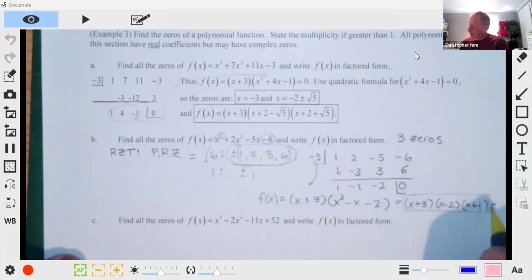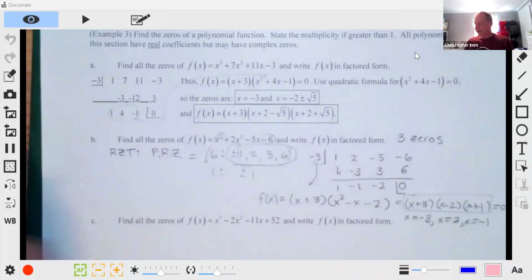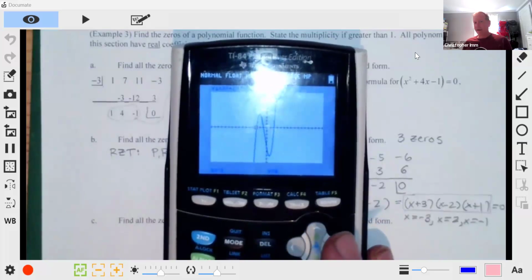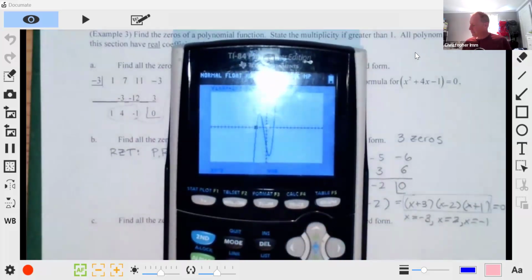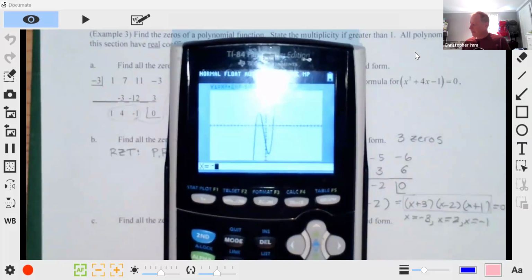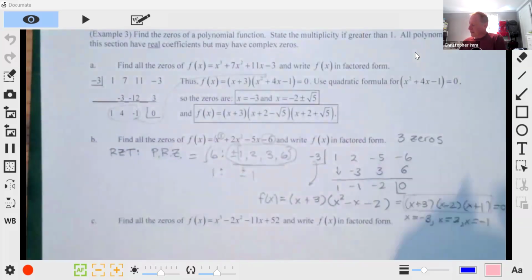And if I set this equal to 0, I note that my zeros are at -3, 2, and -1, just like I saw on my graph. -3, -1, and 2. Okay, a lot of them aren't this easy, but the process is sort of the same.